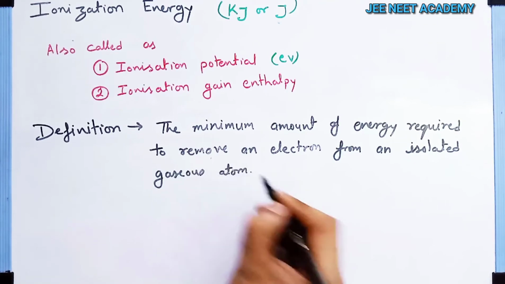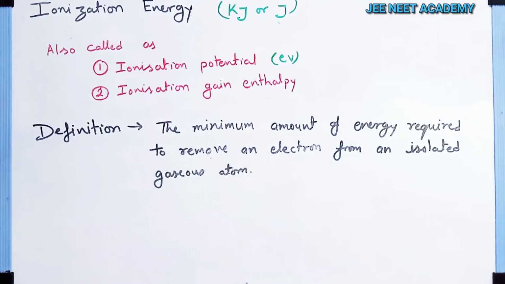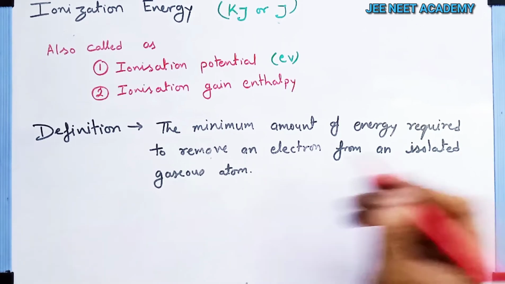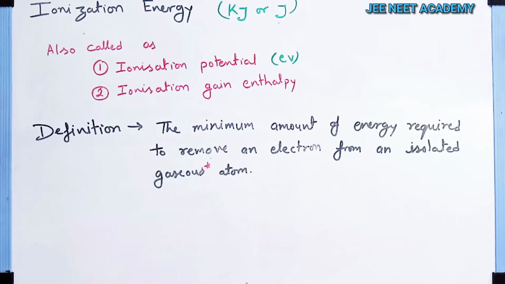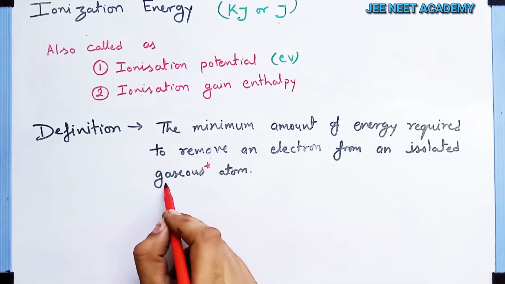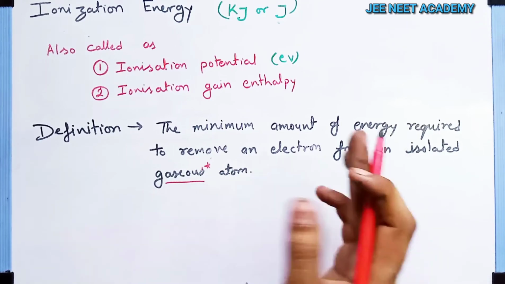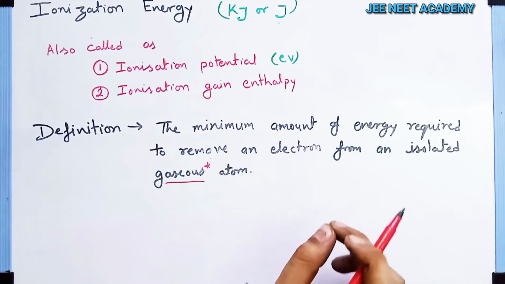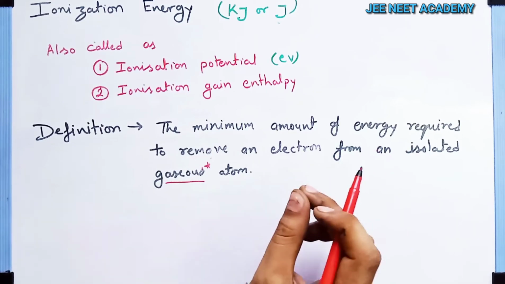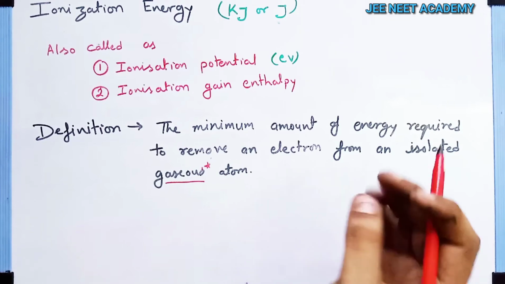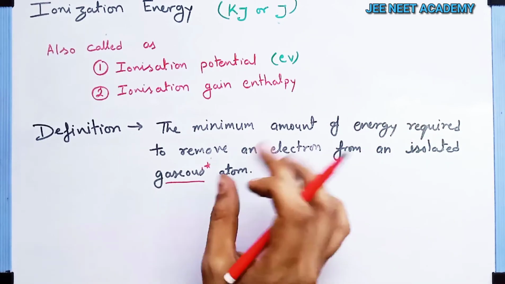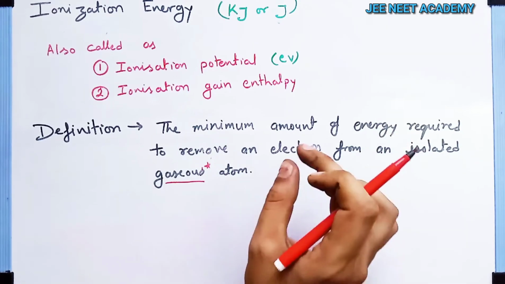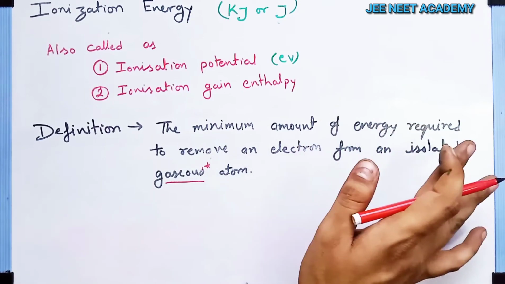Here, isolated gaseous is a very important term. Sometimes you have an element in the solid form, so to take the electron from it, first we have to make that element gaseous.